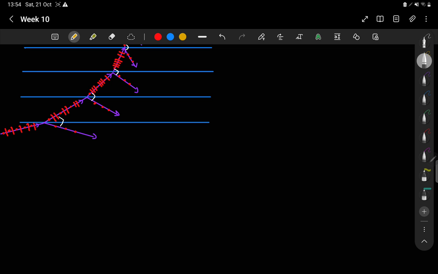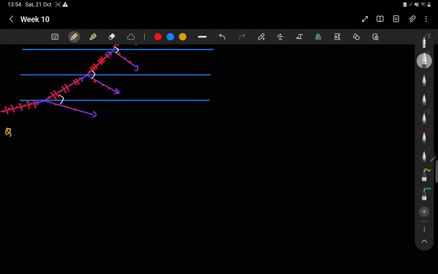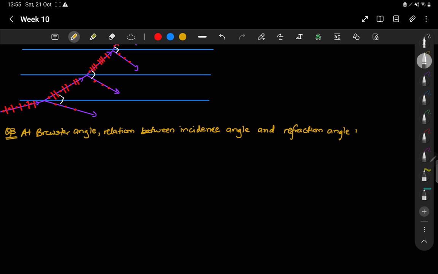Moving on to the next question. At Brewster angle, the relation between incidence angle and refraction angle is: option A, theta I plus theta R equals 180 degrees.